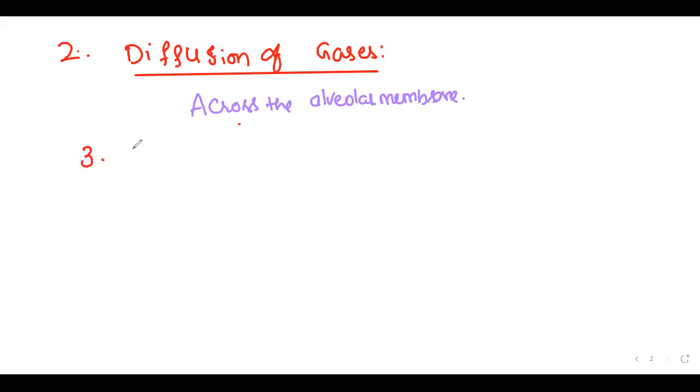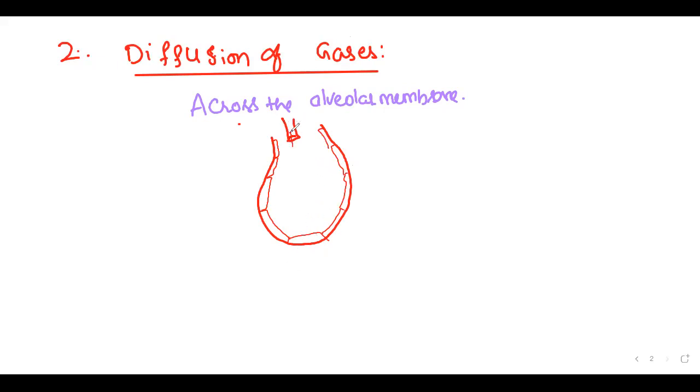The transport of gases. Wait a minute. Here I'll show you that in the diagram. Let me show you the alveoli. This is the alveolar duct. Alveoli are composed of simple squamous epithelium, very thin epithelium, isn't it? So let me draw that.